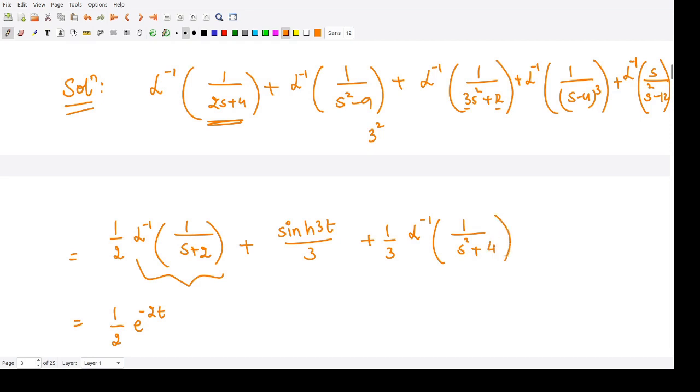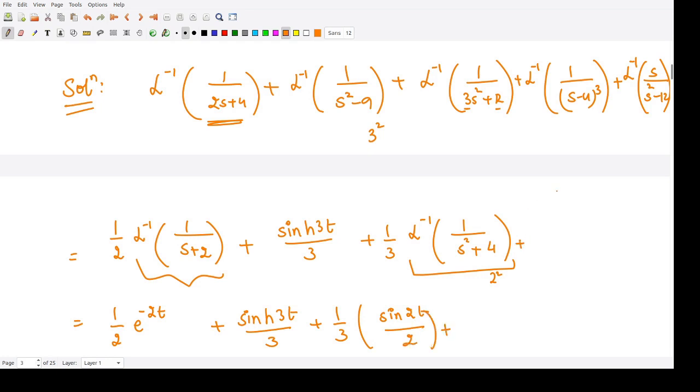You can write 4 as 2 square, so it would be 1 divided by s square plus 2 square. So that is nothing but sine 2t divided by 2.